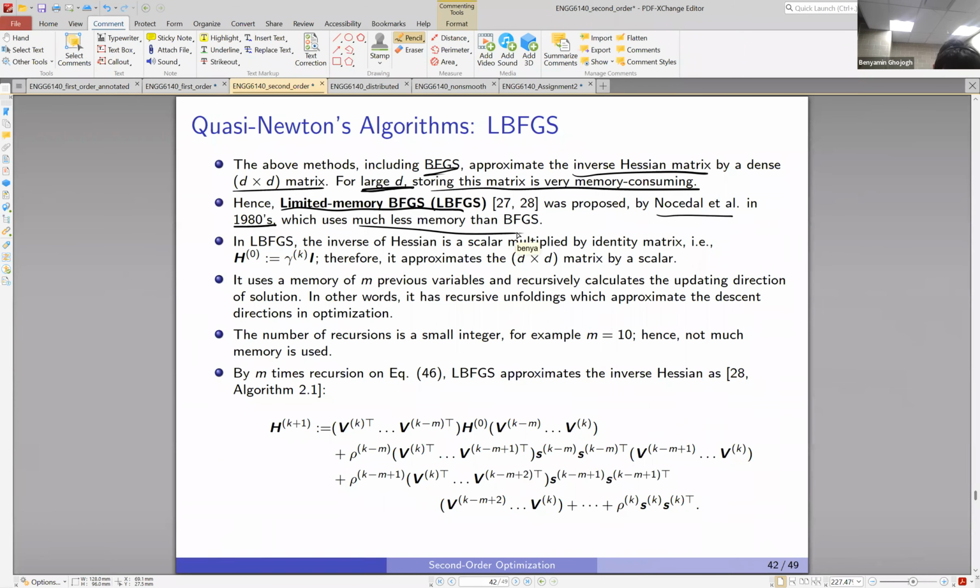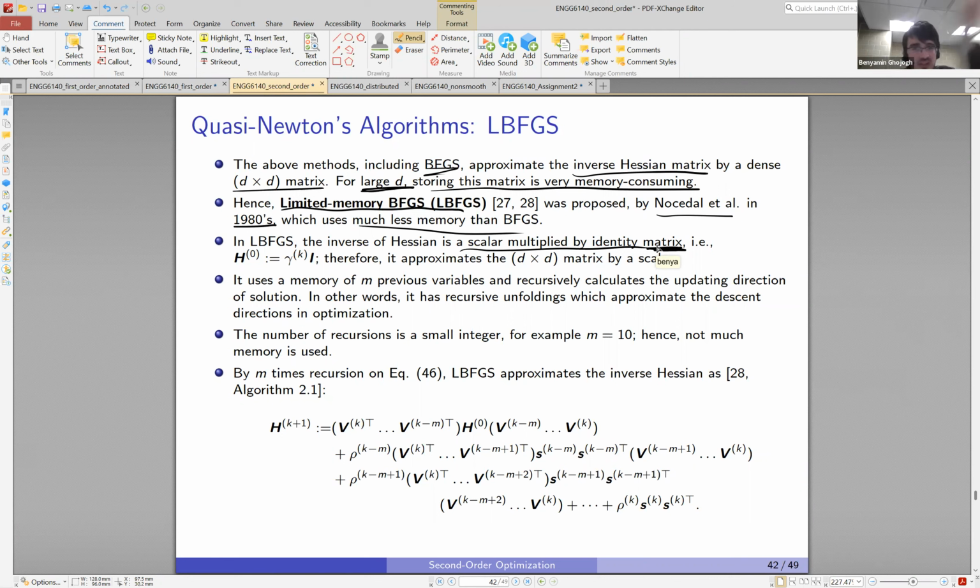In LBFGS, the inverse of Hessian is interesting. They don't use a D by D matrix for the inverse of Hessian anymore. They approximate it by a scalar multiplied by the identity matrix. So they just relax the inverse of Hessian to be a multiplication of a scalar to an identity matrix. The identity matrix, you don't even need to store in memory.